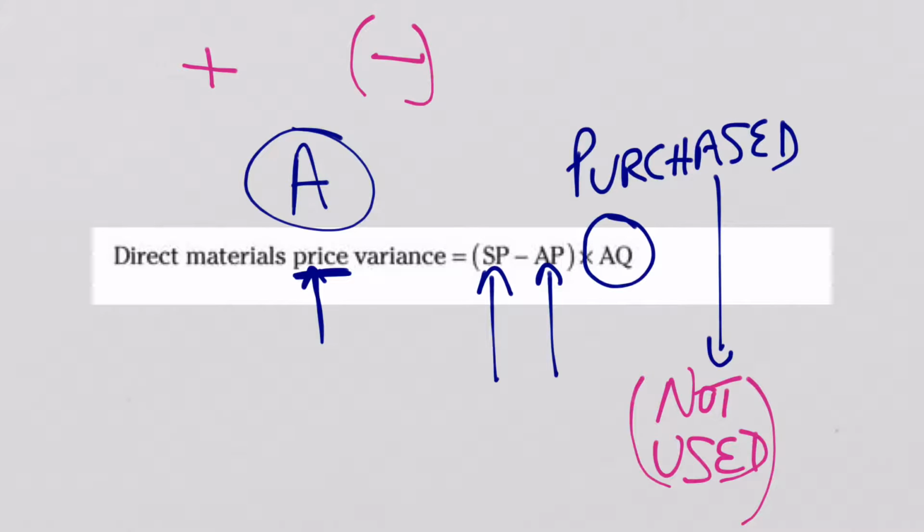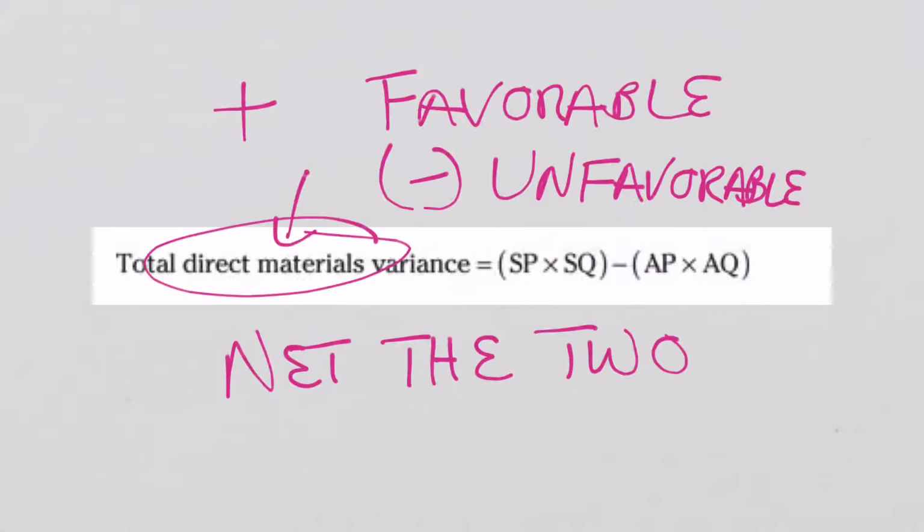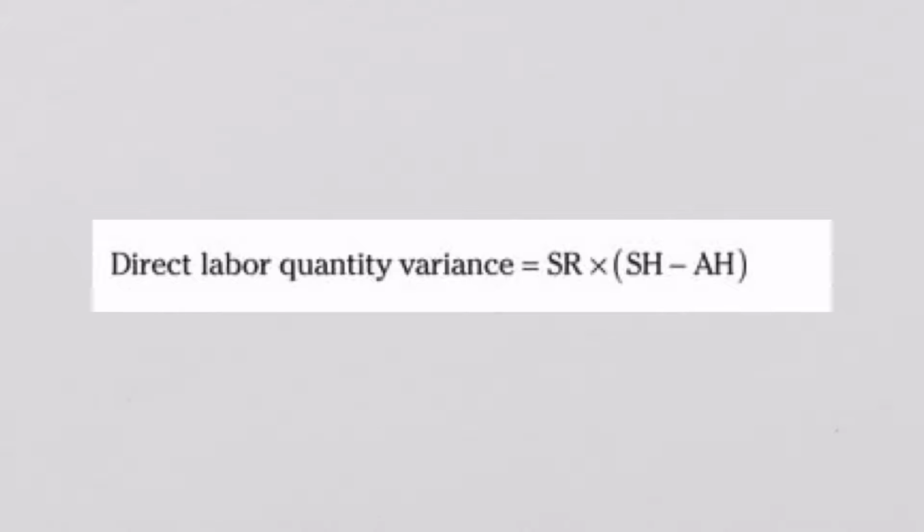Again, price variance with materials, quantity variance with materials. When it comes to labor, we are going to have an A, price variance, and a B, quantity variance. Same concept, they'll get netted together the same way we did with the materials.